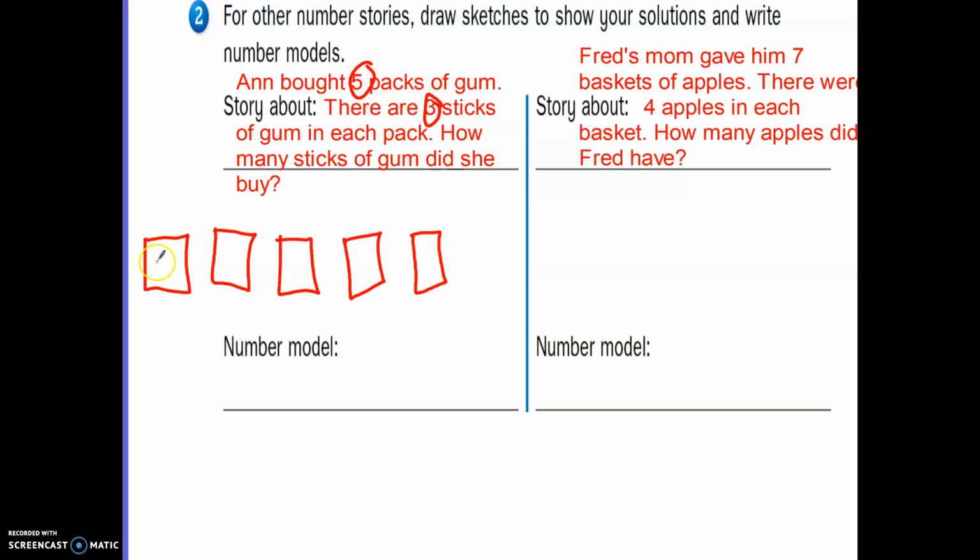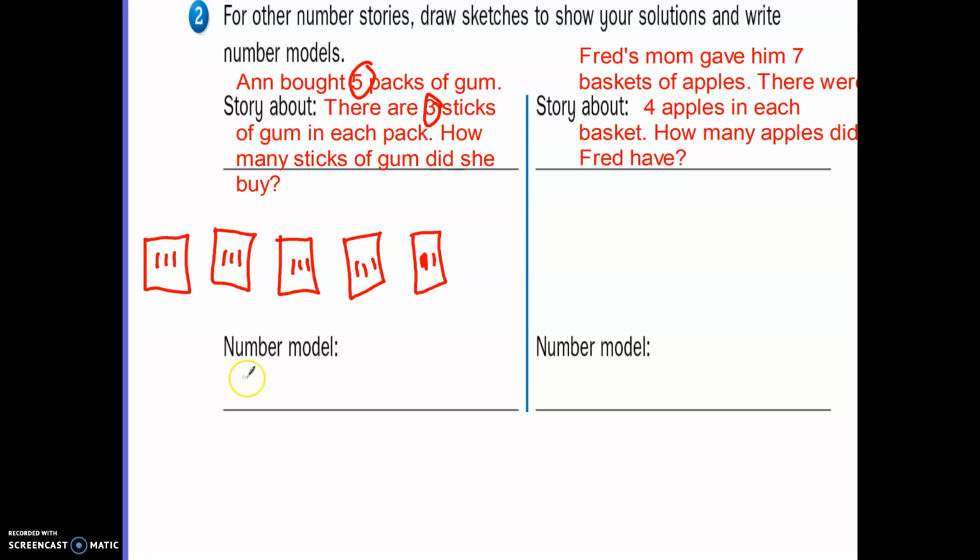Okay, and I'm just going to make nice, neat, and tidy tally marks. 1, 2, 3, five times. So, how many? Well, 1, 2, 3, 4, 5, 6, 7, 8, 9, 10, 11, 12, 13, 14, 15.